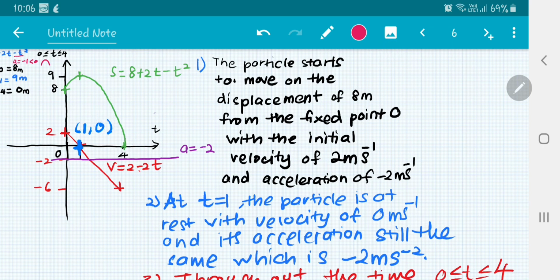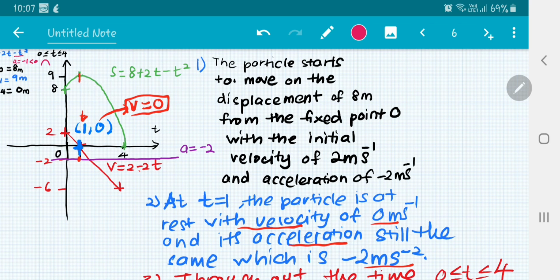T is 1 second, and the 0 here represents the V value. So the particle is at rest. V equals 0. The particle is at rest with velocity of 0 meter per second. And then at the same time, when we look at the acceleration graph, its value is still negative 2. Acceleration is still the same, which is negative 2 meter per second.